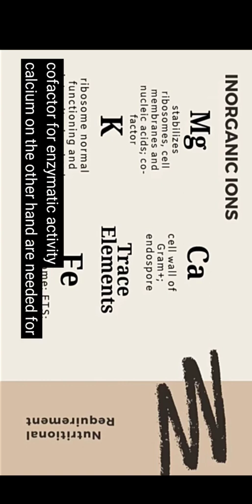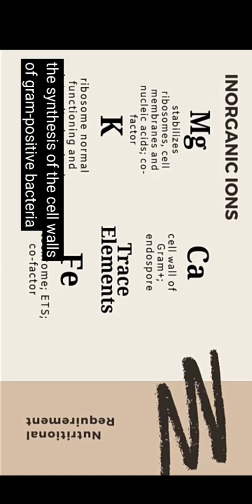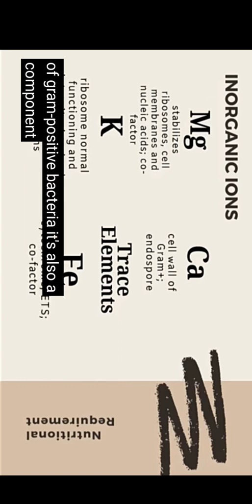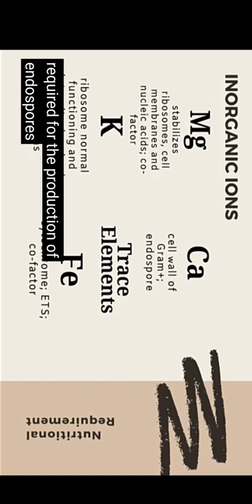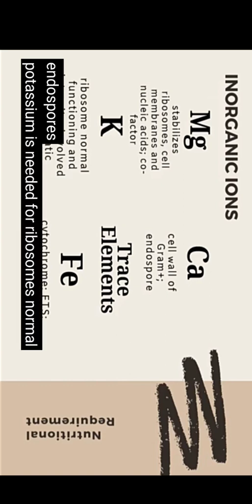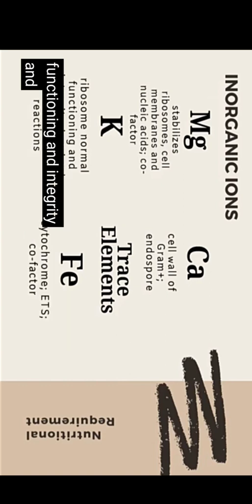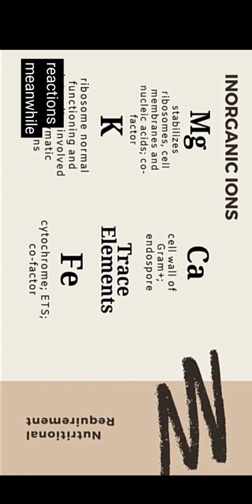Calcium, on the other hand, is needed for the synthesis of the cell walls of gram-positive bacteria. It's also a component required for the production of endospores. Potassium is needed for ribosomes' normal functioning and integrity, and it is also involved in enzymatic reactions.